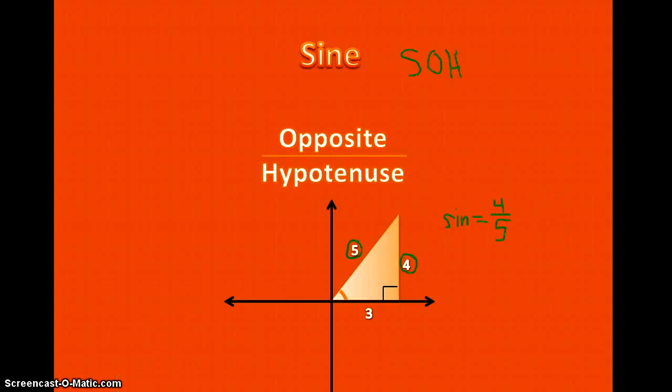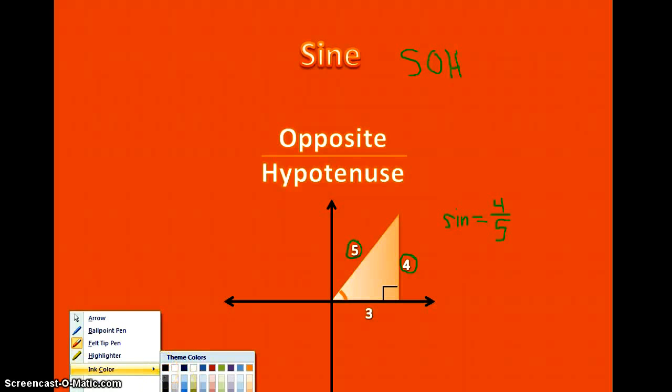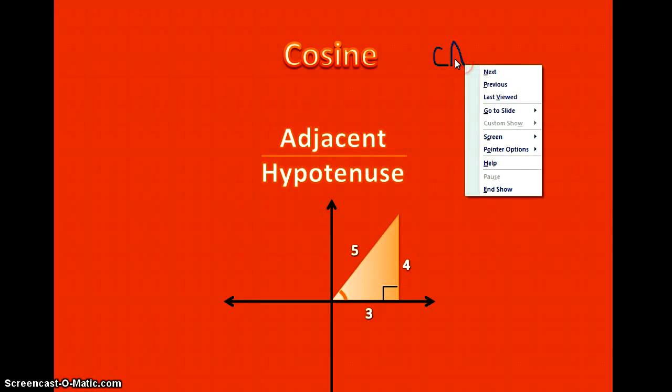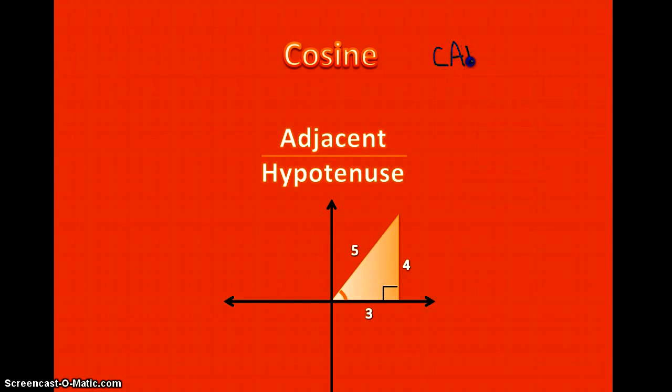So we're going to go ahead and move on to cosine. Cosine is CAH, so we have adjacent over hypotenuse.